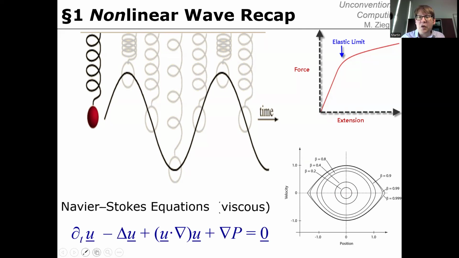You may see the nonlinearity here, because there's u times the gradient of u. So this is basically u squared. u squared is nonlinear. Famous equation, one of the Millennium Prize problems.